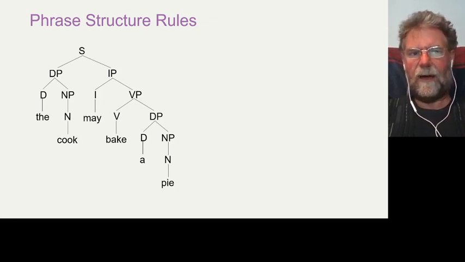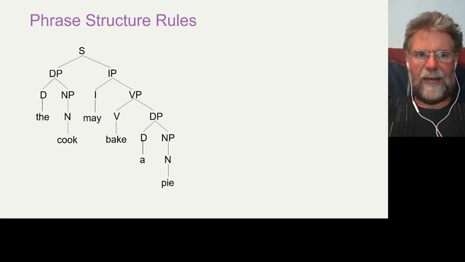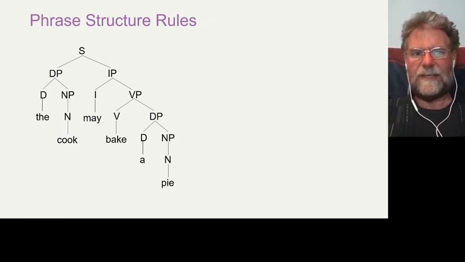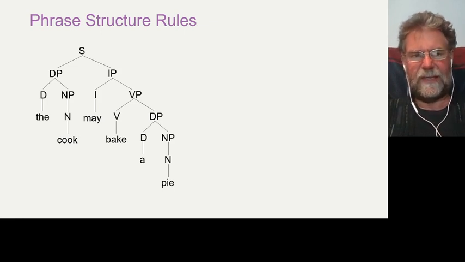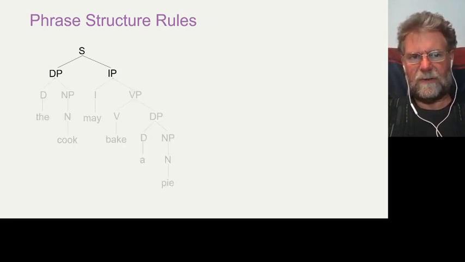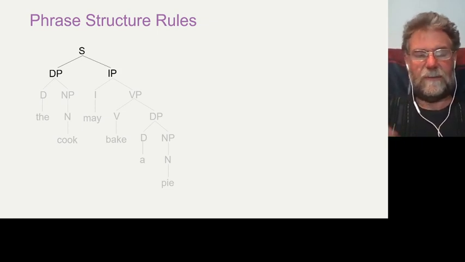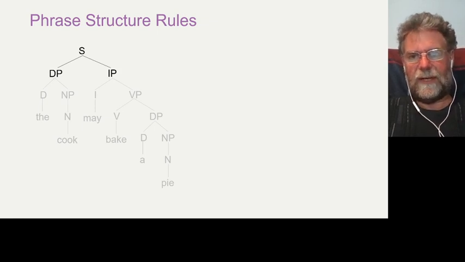And the basic part of the structure seems to be an element which then splits into a number of other elements. So, for example, take this structure and just concentrate there at the top part of it. What we've got is a structure which says the sentence S breaks into two parts, a DP, which is the subject, and an IP, which is the predicate.